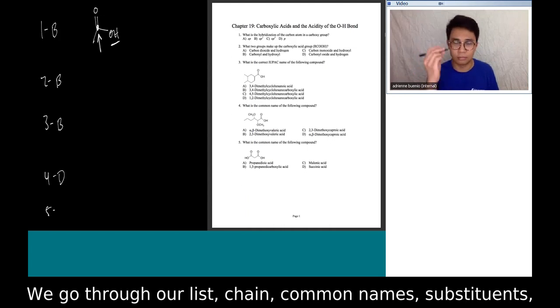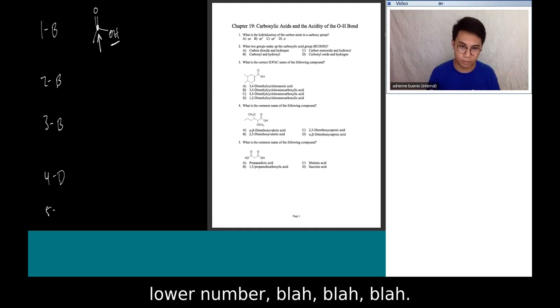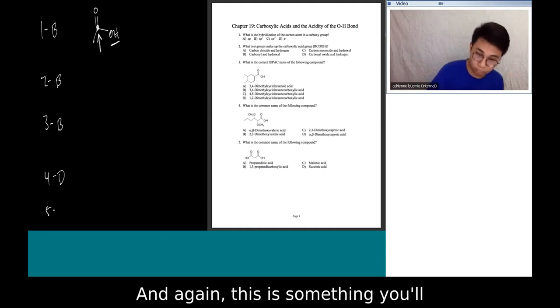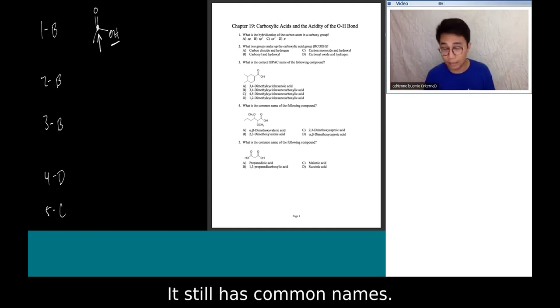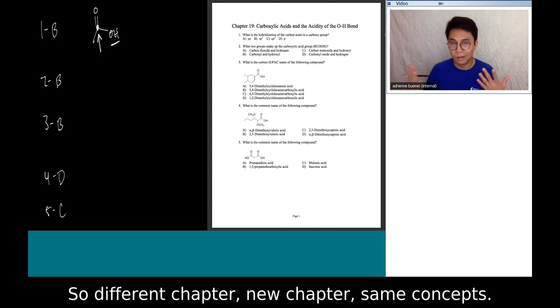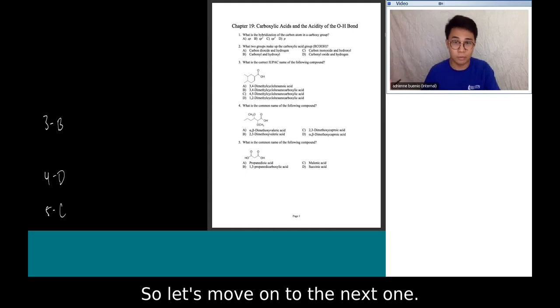We go through our list: chain, common names, substituents, lower number, and so on. This one you should go and see because this is the common name. It still has common names. Different chapter, same concepts. So let's move on to the next one.